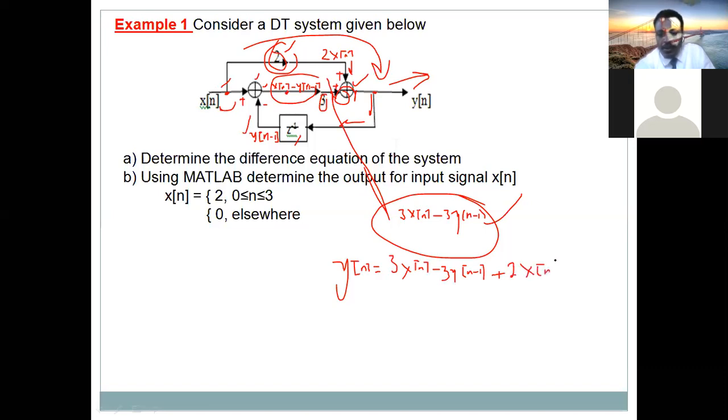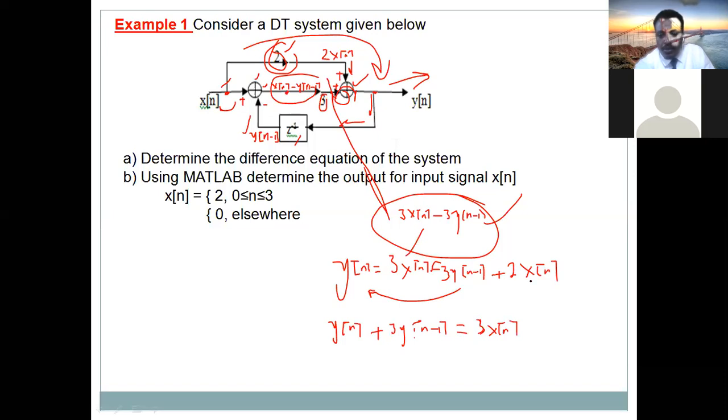Now, y is output, x is input, so take the output on the other side. It will be y of n. This minus becomes plus when you take it to the other side. So it will be 3 times y of n minus 1. On this side, we have inputs. First input, 3 times x of n.